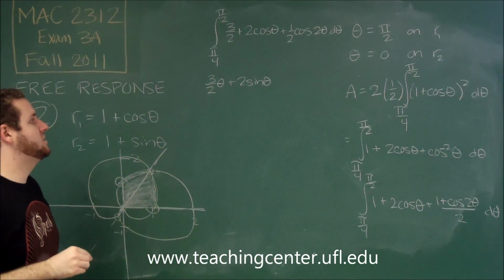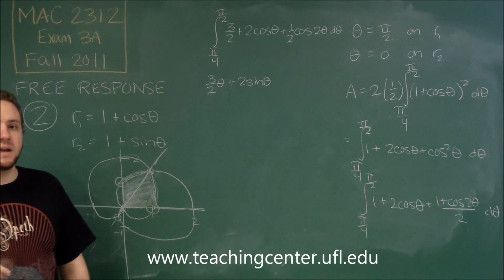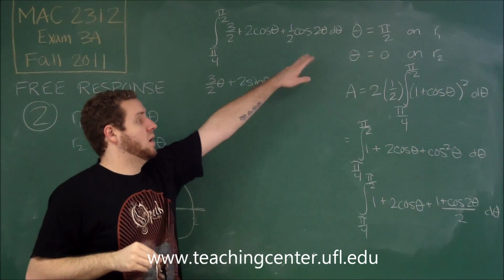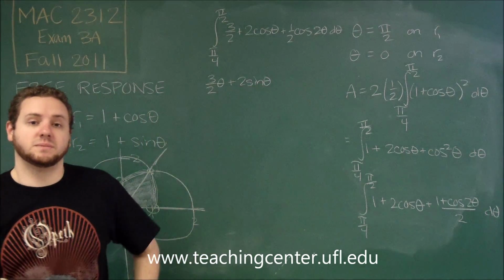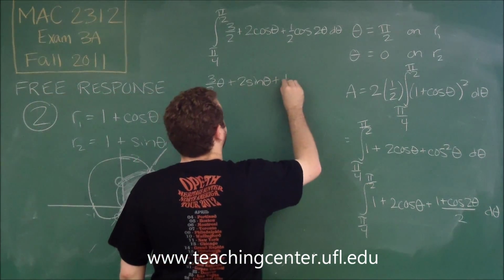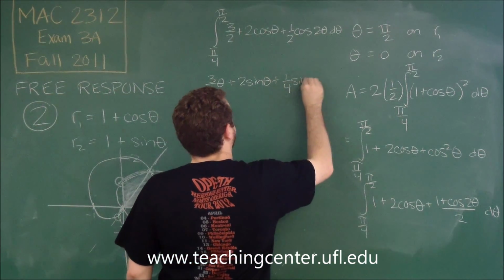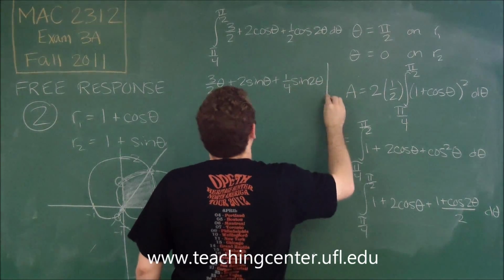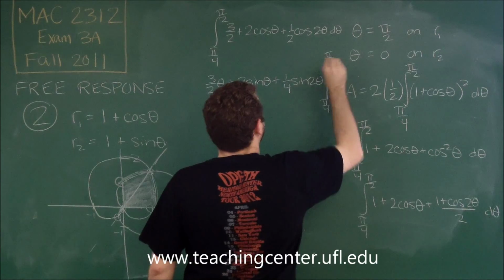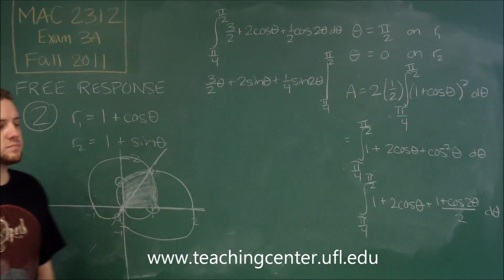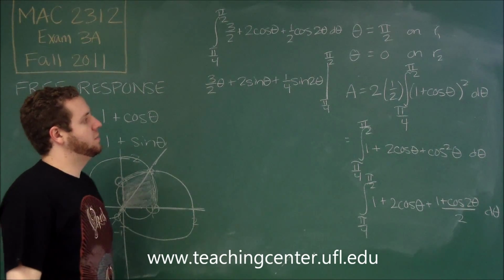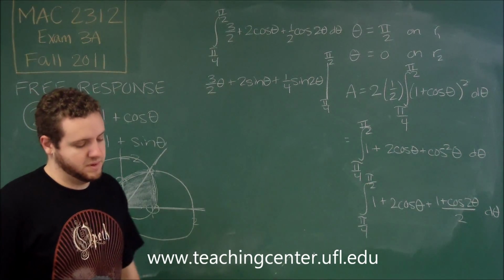And the antiderivative of cosine 2 theta is sine 2 theta, but we'd have to divide by 2 because of the chain rule or use substitution. And we already had a 1/2, so we're actually going to have 1/4 sine 2 theta. And we're going from pi over 4 to pi over 2. So now we can just start plugging in all of our numbers here, and we'll see what we get.